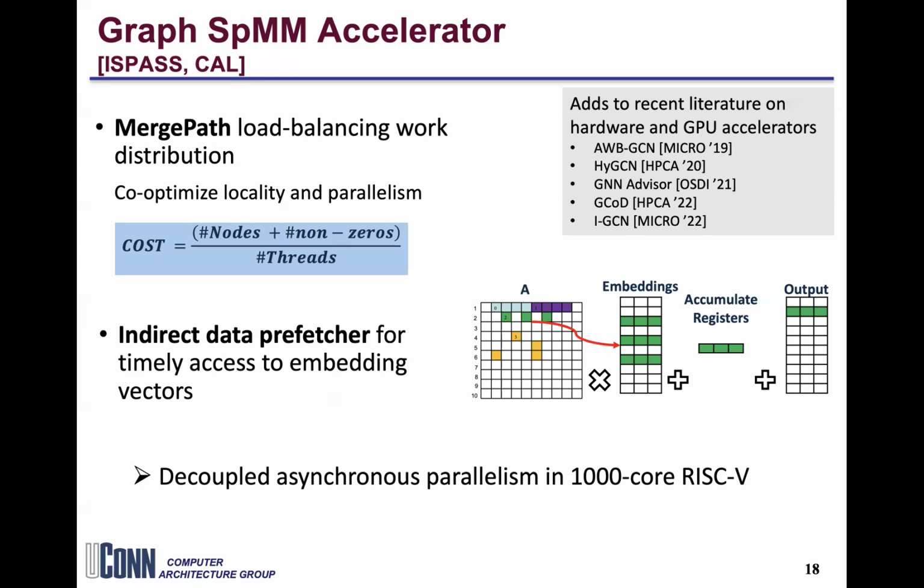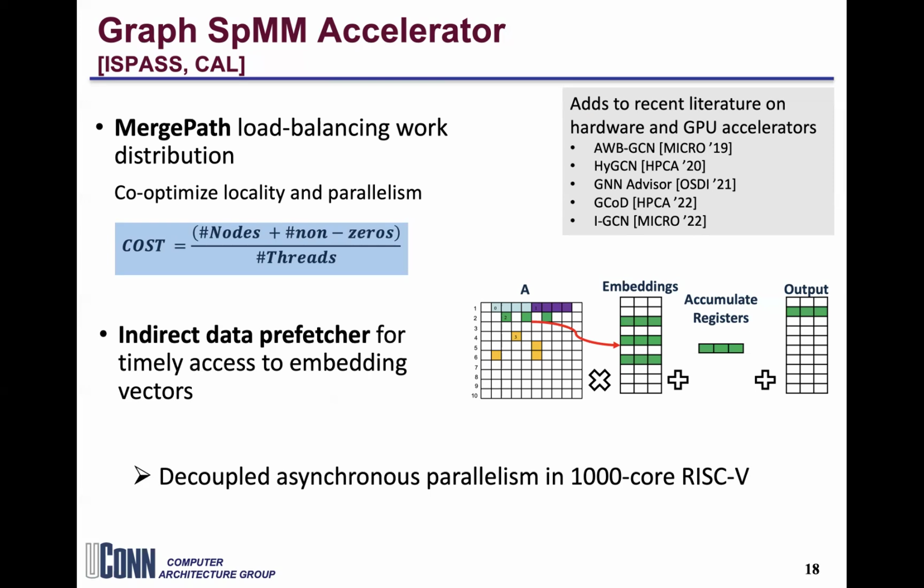If you do too little work, yes, you can unlock a lot of parallelism. If you do too much work, then you're serializing. So finding that right balance is very much graph dependent. It depends on the number of nodes and number of non-zeros in that graph, which are the basic characteristics of that graph. So to find that balance, we propose an online scheduler that can learn and adapt.